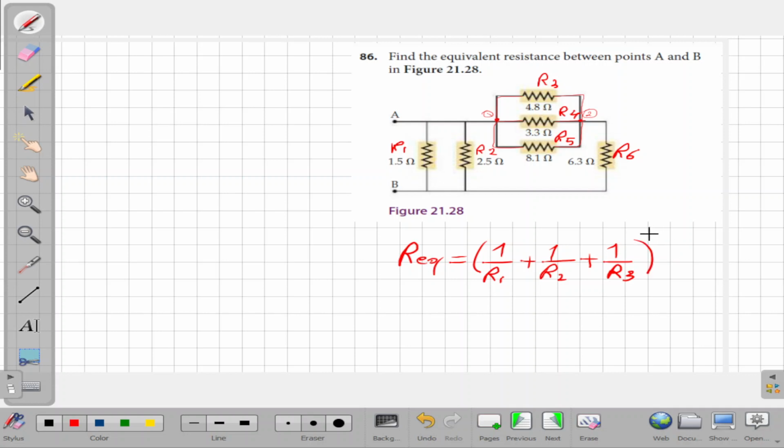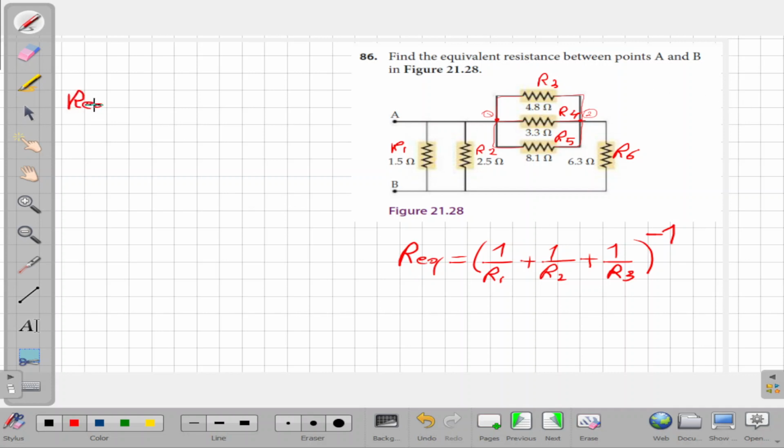This is the general form. We will use this formula whenever we have more than two resistors in the circuit. We need to find the equivalent resistance of this group of resistors, and since there are more than two, we will apply this formula.